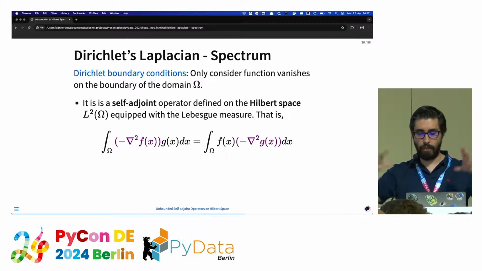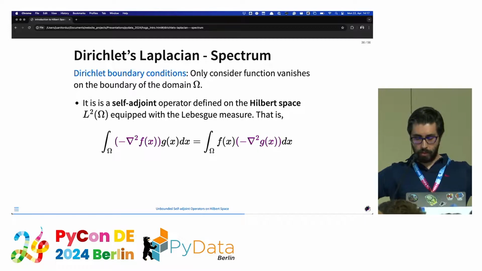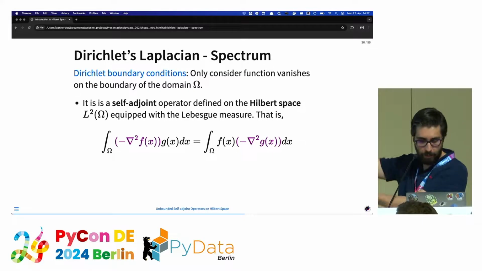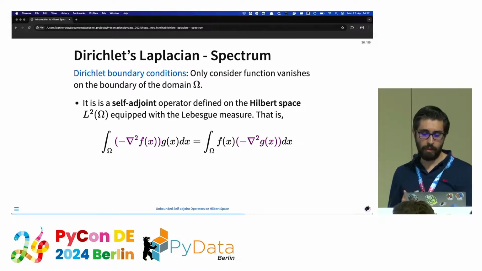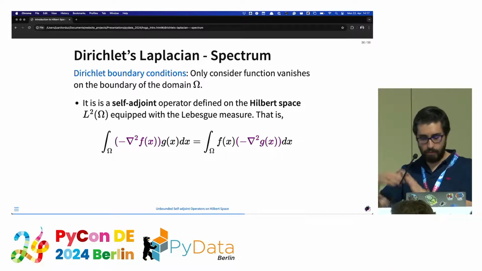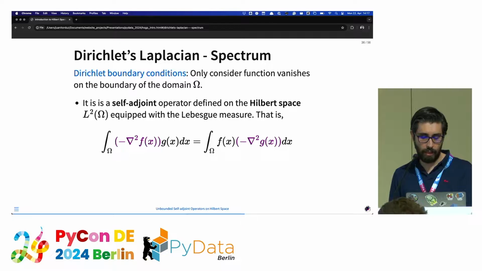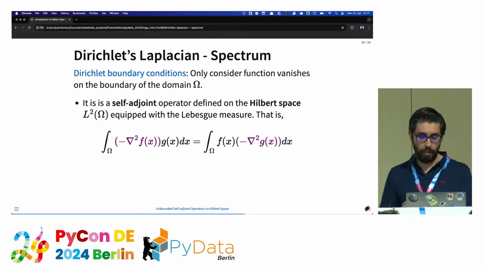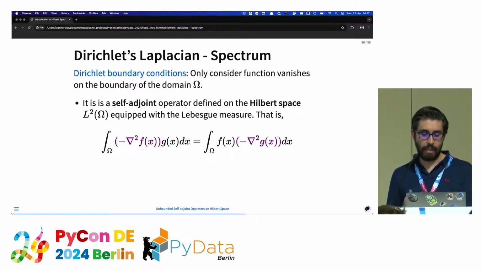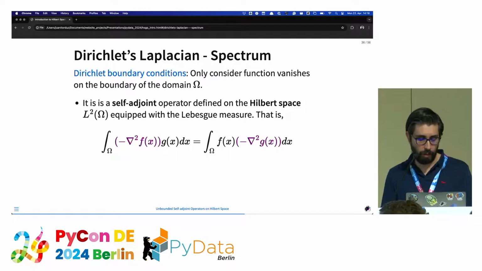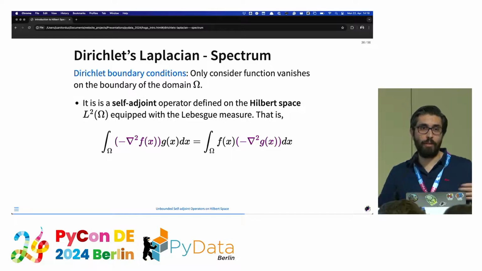So you can put your data into a certain box and assume that all of the functions are going to vanish there. And if you consider the Hilbert space, so that's why the name of the approach, of all of the functions that are square integrable and satisfy the boundary condition that they vanish on the boundary, then this is actually a symmetric, self-adjoint operator. And what you gain with this is that you have the spectral theory.